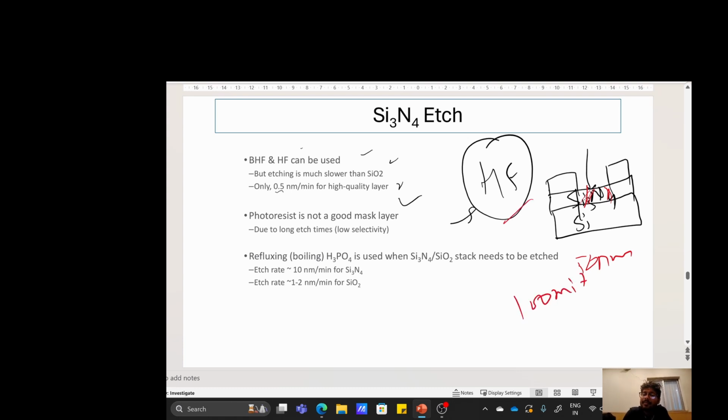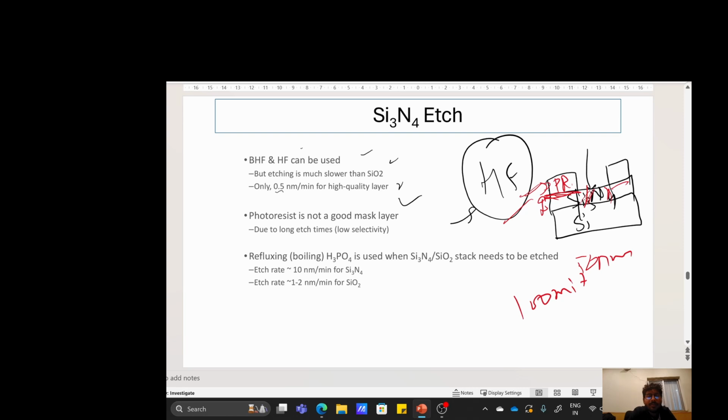During that time, this photoresist is also in that solution. In 100 minutes this photoresist will also get removed, and the upper layer of this part will also get removed. You will find a much lesser thickness of silicon nitride than was expected.